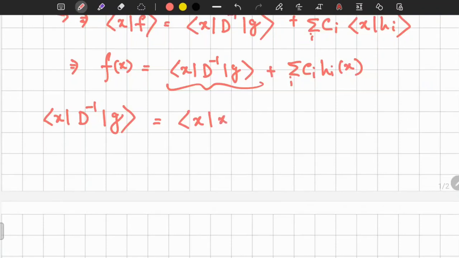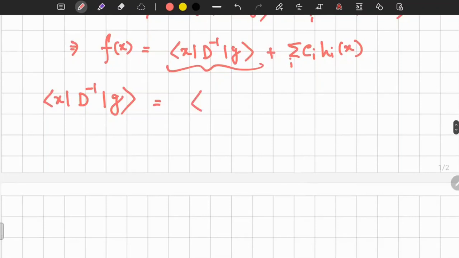Let me write it in the integration form. It will be D inverse, because this is a continuous basis. So we write like this.